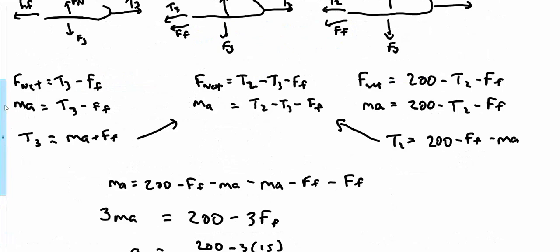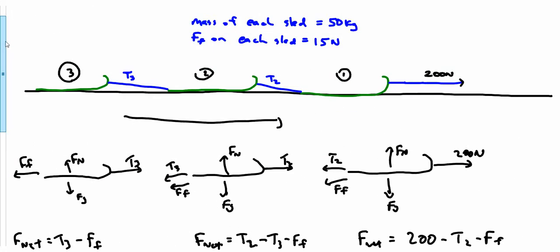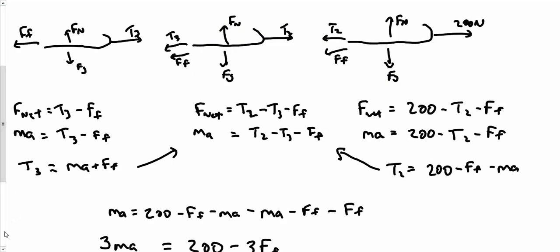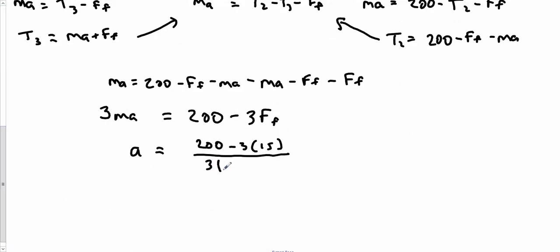Let's just go back up and check that: each mass is 50, force of friction is 15. So I'm going to get 200 take away 45 all over 150, and that's almost equal to 1.